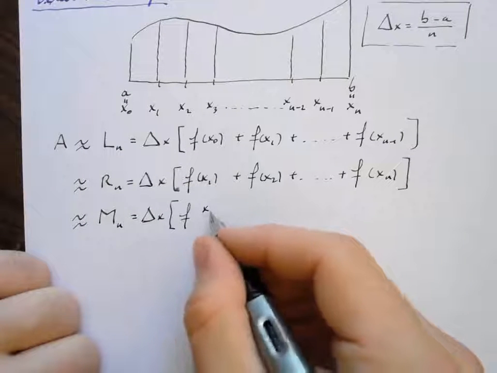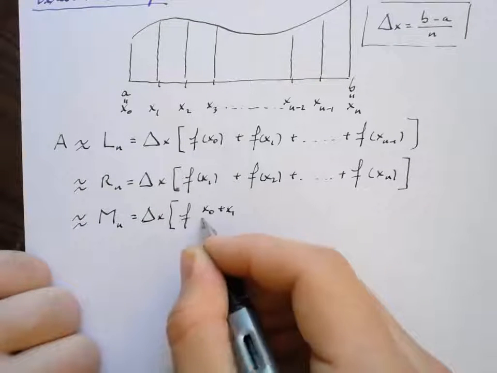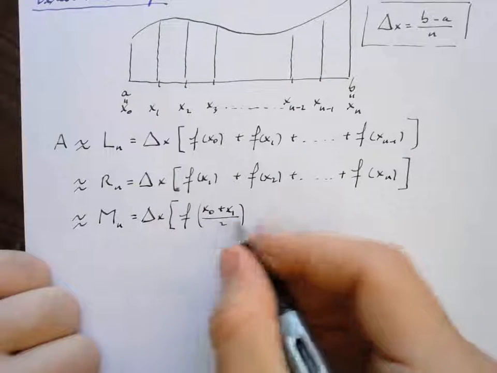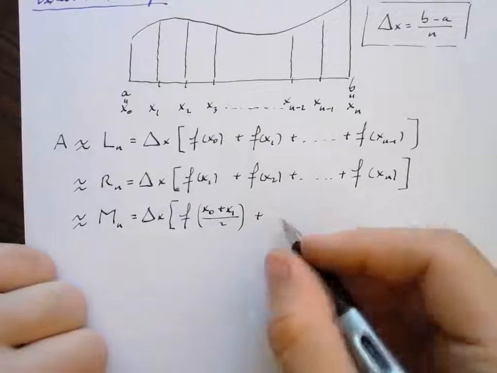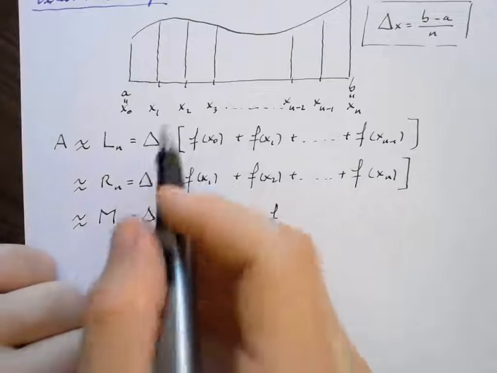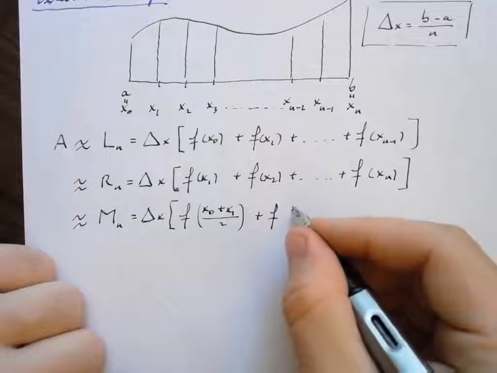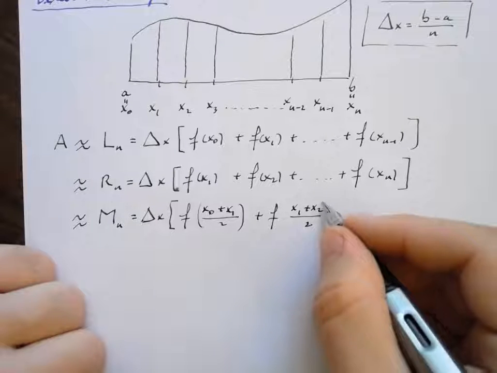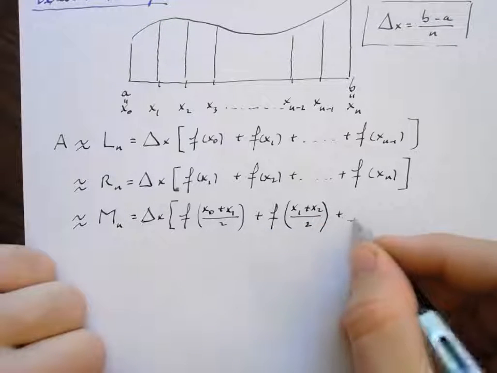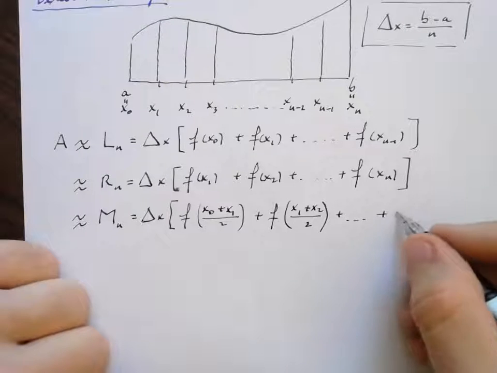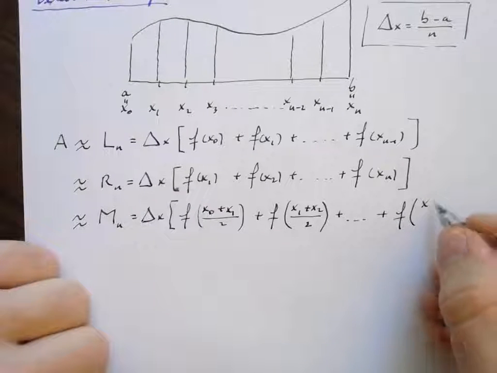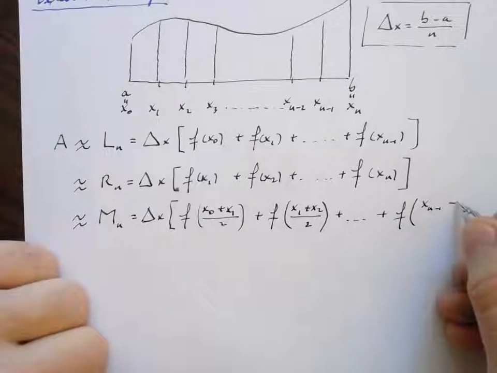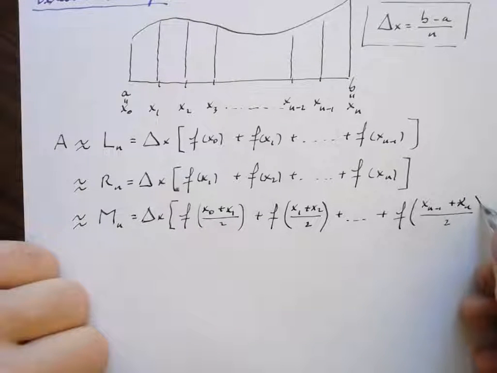It's f of (x0 plus x1) over 2, plus, for the next rectangle, the average between x1 and x2, and the last one, of course, is f of (x sub n minus 1 plus x sub n) all over 2.